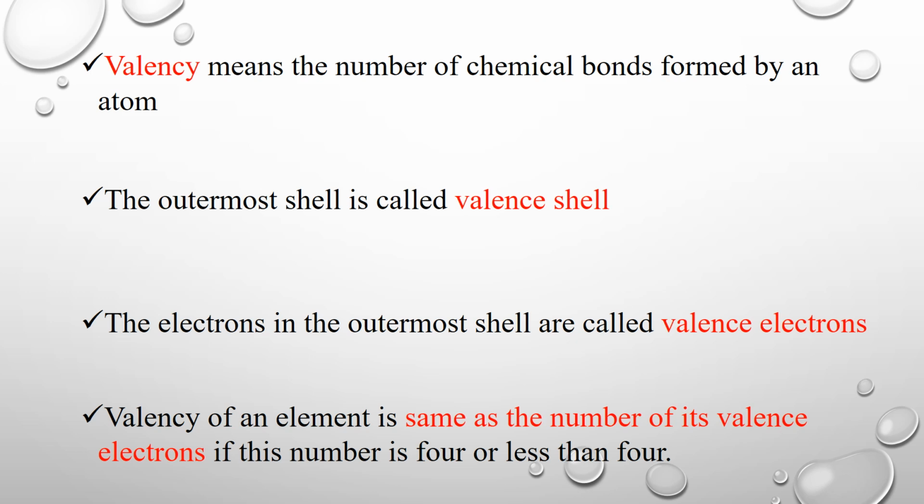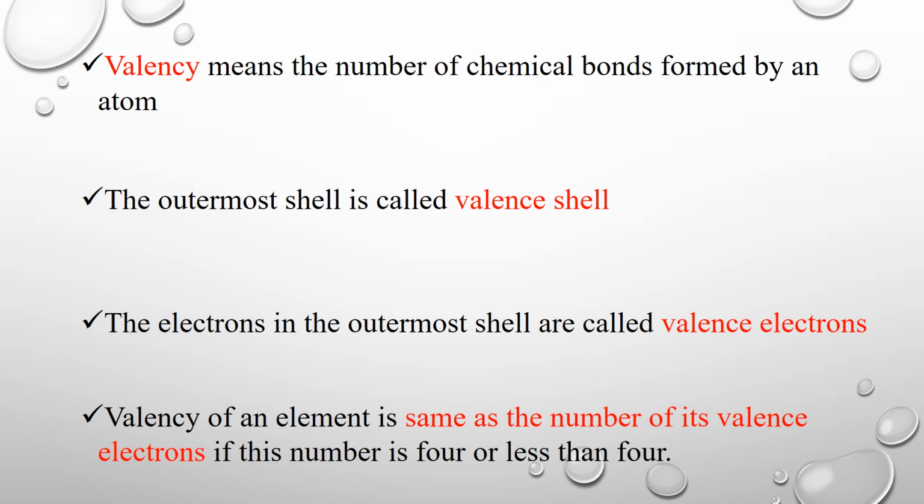However many electrons are there in the outermost shell or the valence shell, those will be called valence electrons. And the last statement is that the valency of an element is the same as the number of its valence electrons if this number is 4 or less than 4.